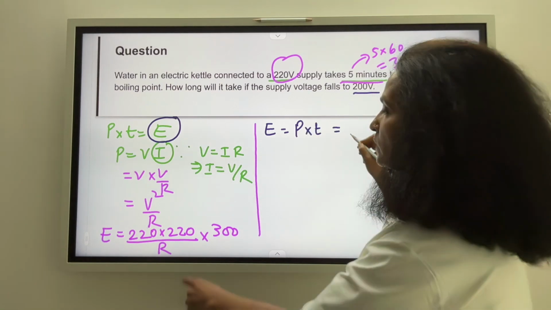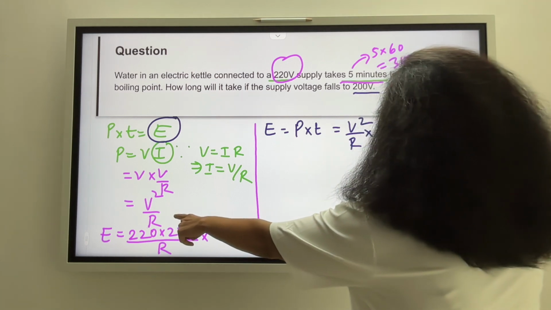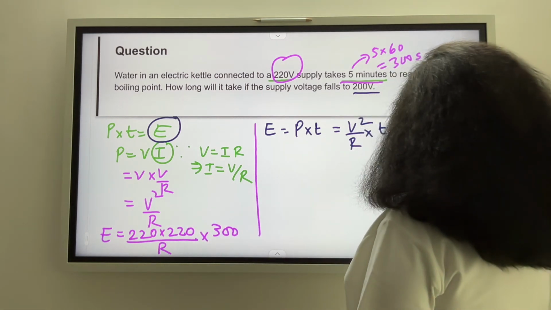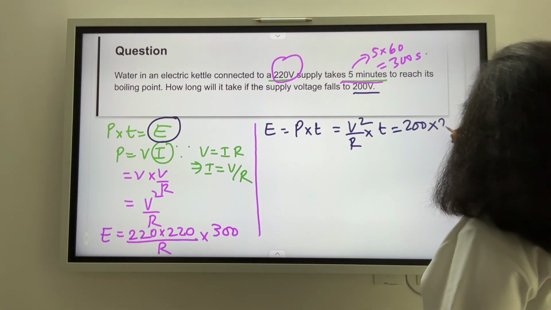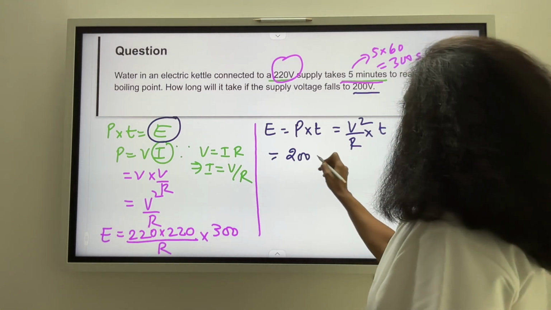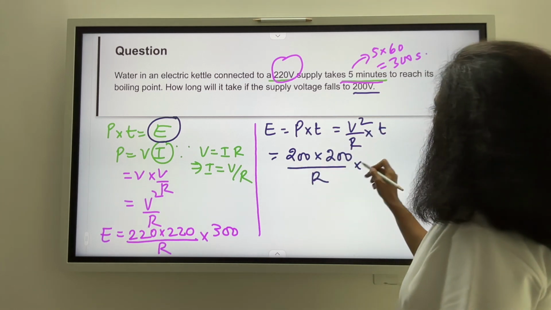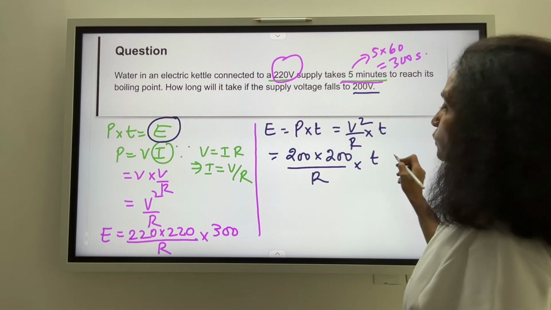This time my power is V square by R into T. So we would have 200 into 200 by R into T. T is what we have to calculate.